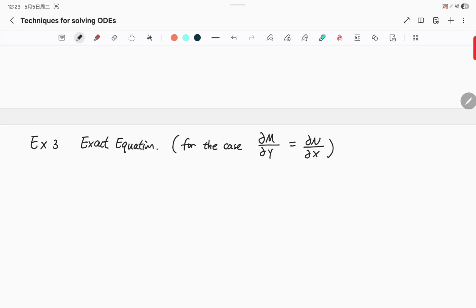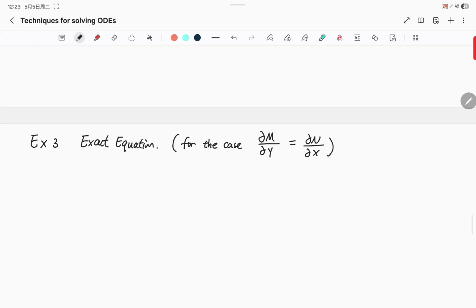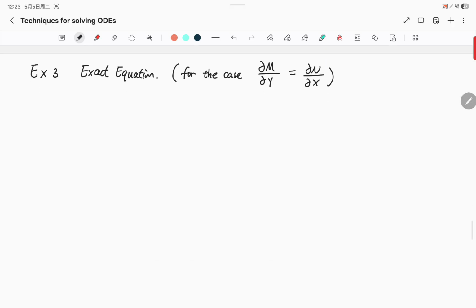Del m over del y, the partial derivative of m, which is a function of x and y, is equal to the partial derivative of n with respect to x. If they are the same, then it is exact. If they are not the same, then that's my example number 4, the next one. So to use this exact equation, it should be looking like this.